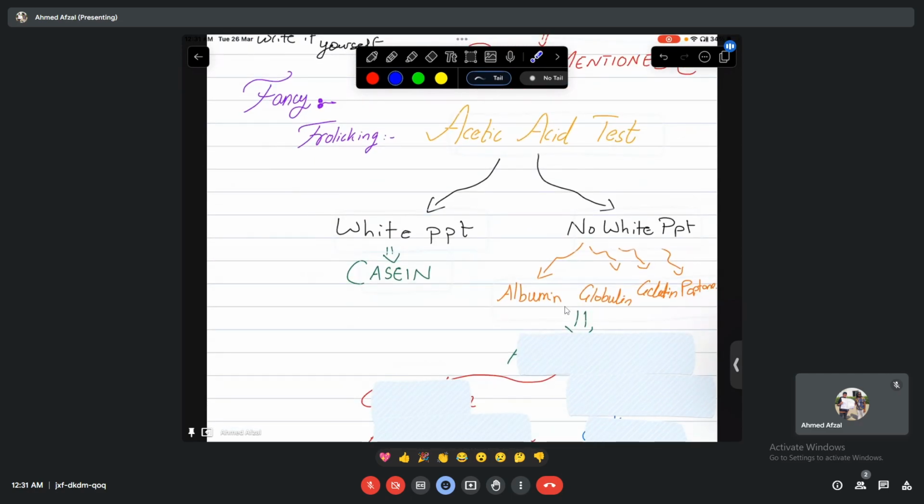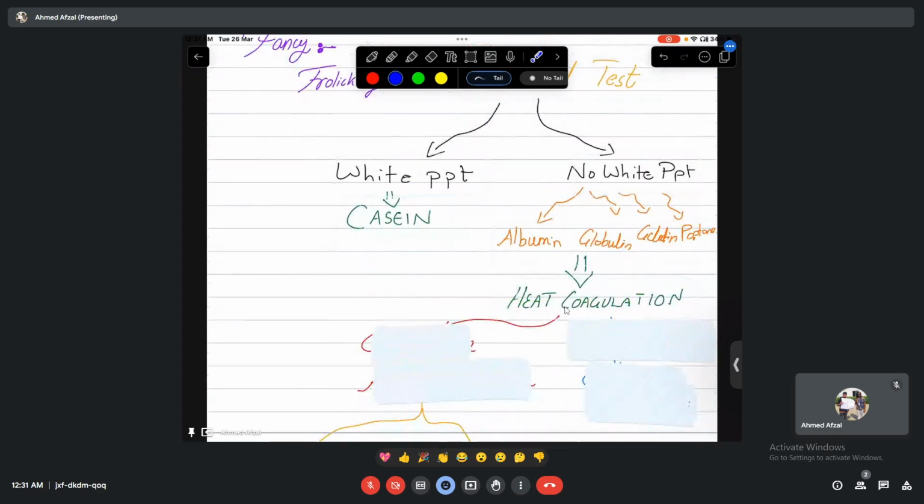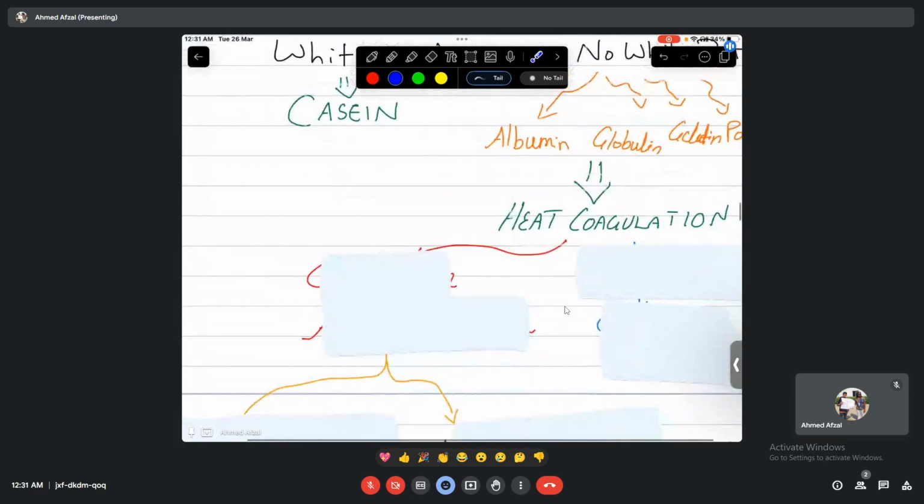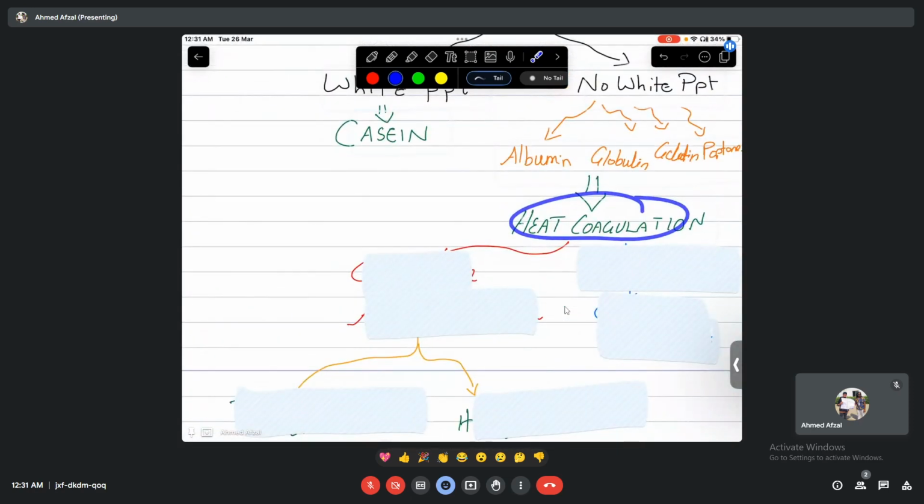So what would you do to actually go deeper and find out which one it would be? You would perform the heat coagulation test, right? And that also has a few results. So let's say there is coagulation. That would boil it down to two options.